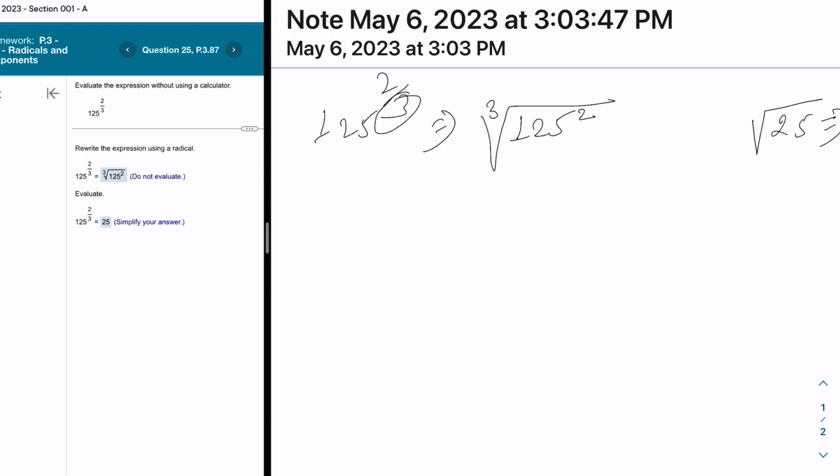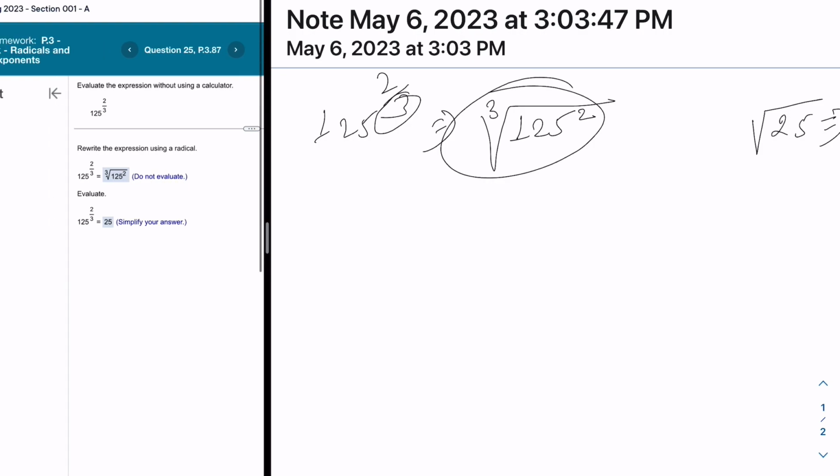Yes, the first answer is like this because it's showing do not evaluate here, and after that we have to find the answer.